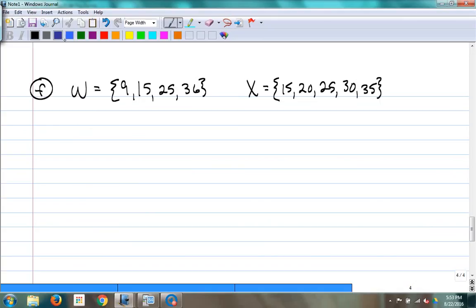And I want to first find W intersect X. What's the intersection of those two sets? 15 and 25 are in both of them. We got a 15 over here. We got a 25. That one X has both of those. There's nothing else that they share. Okay, so that's the shared pieces. So 15 and 25.